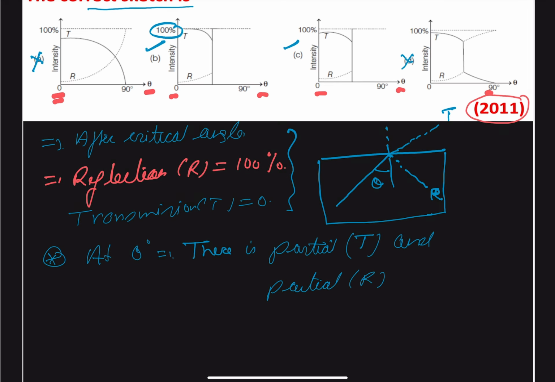Okay. And reflection can be close to 0 but not equal to 0. Okay. So based on this we can say that option number C is the correct one. Option C is correct.